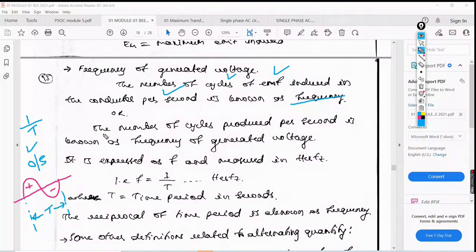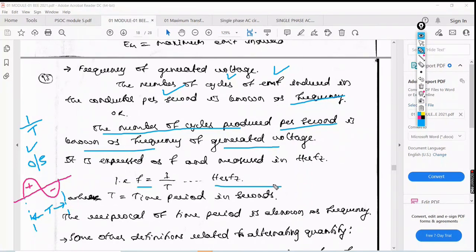Number of cycles produced per second is the frequency of the generated voltage. Normally we can represent it in the equation f is equal to 1 divided by T. Reciprocal of time period is called frequency, which is measured in terms of hertz.